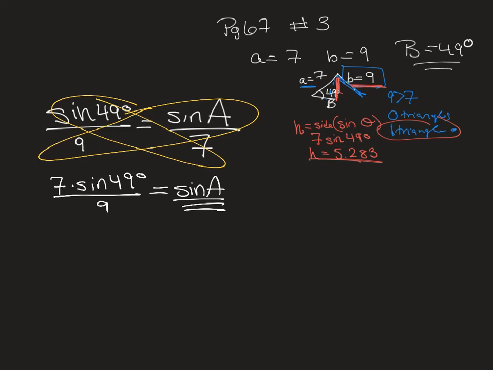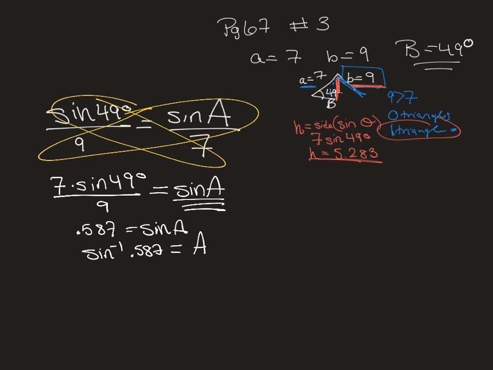So in my calculator, I'm going to type the 7 times sine of 49, either put your degree symbol or put your calculator in degrees, and then divide by 9. You should get that this piece right here is 0.587. This equals sine of A, so we have to arc sine the 0.587 to get my angle A.